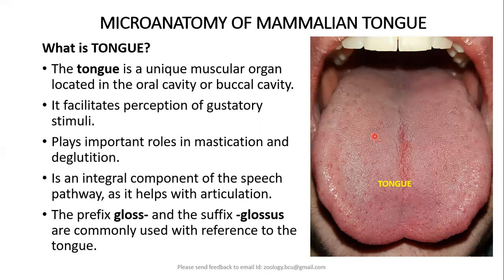Anyhow, whenever we refer to some of the words associated with the tongue, we use the prefix gloss and suffix glosses. You all must have learned the Belano glosses.